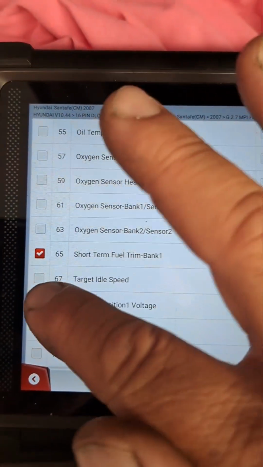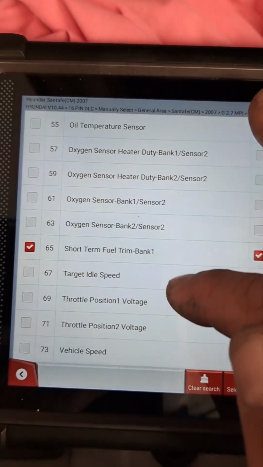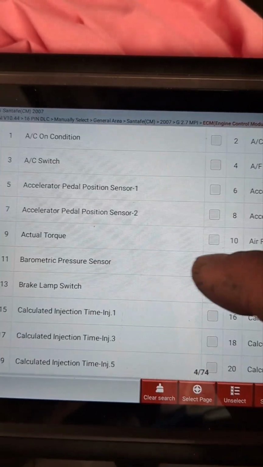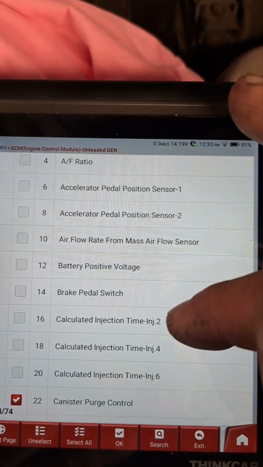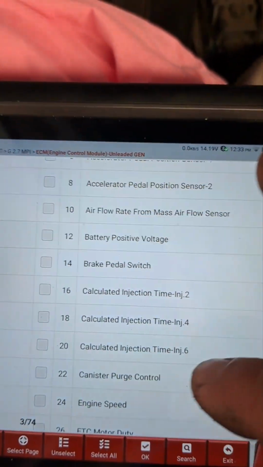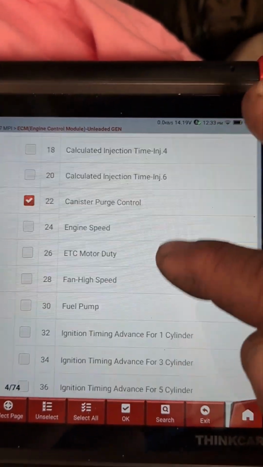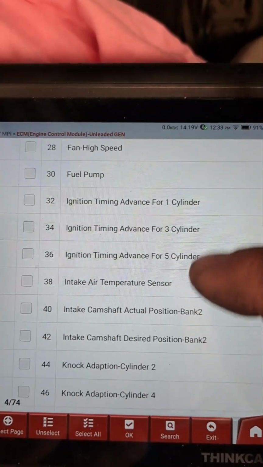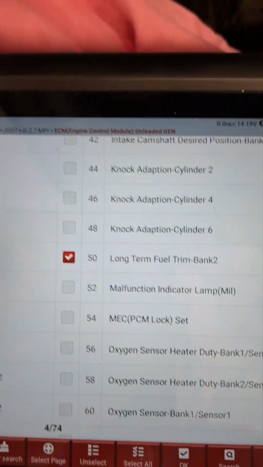Short term, oh yeah, I want that. Short term fuel trim, yep, number 4, that's good. Purge valve, yeah. And we want long and short term trim, which I did select before to make sure we had it.